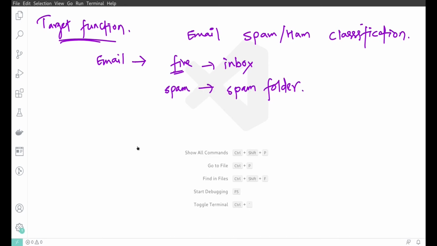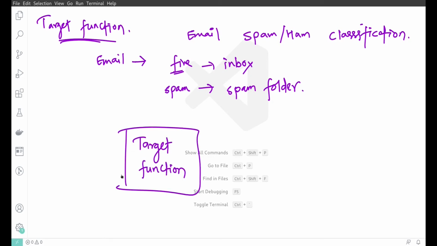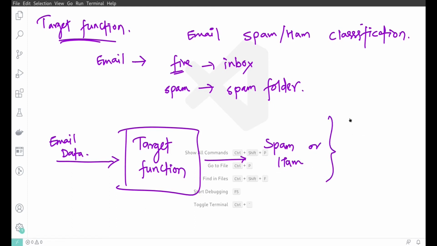Suppose we have a certain function that is a target function. What this target function will do is it will take the email data as input, whatever we pass to this particular function, and it will output whether or not this particular email is spam or ham. And one thing to notice is this will always be correct.